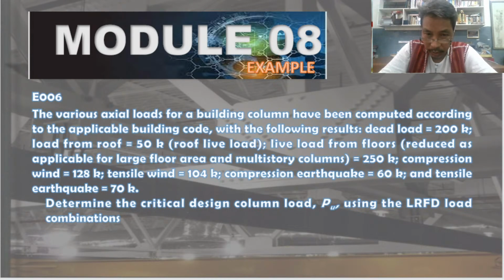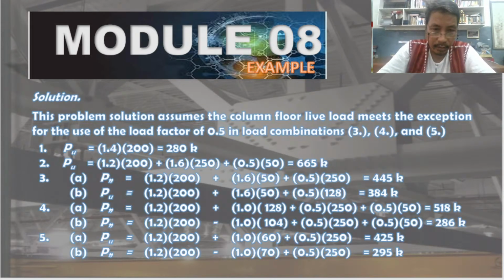So wind, earthquake, live load, roof live loads, and dead load. So let's have a solution. This problem solving solution assumes the column floor live load meets the exemption for the use of the load factor of 0.5 for equation 3, 4, and 5.